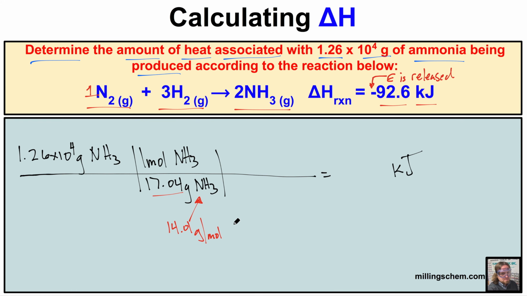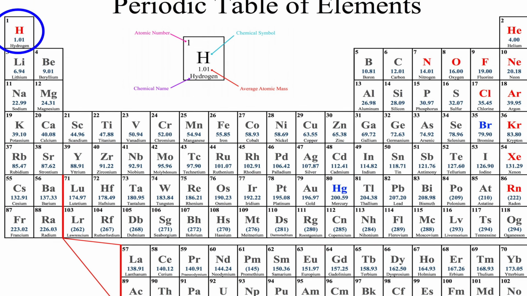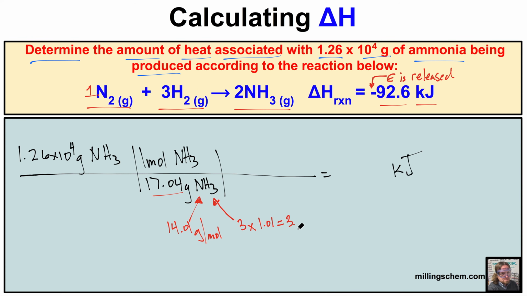Then we took 3 times the molar mass of hydrogen, which is 1.01 from the periodic table. This gives us 3.03 grams per mole. And then we simply added these values together to get our molar mass of ammonia.